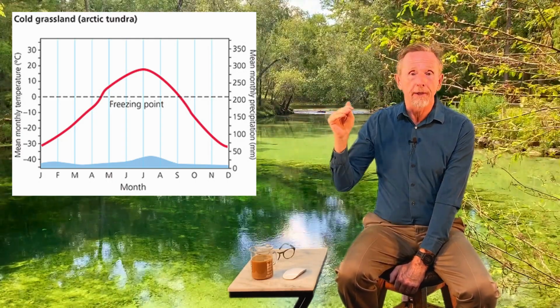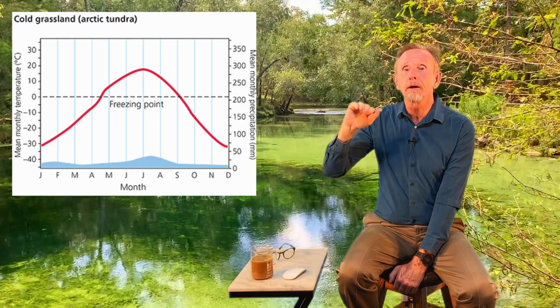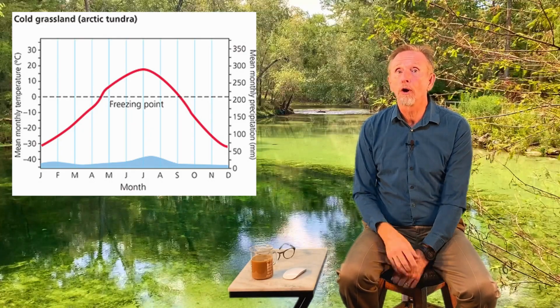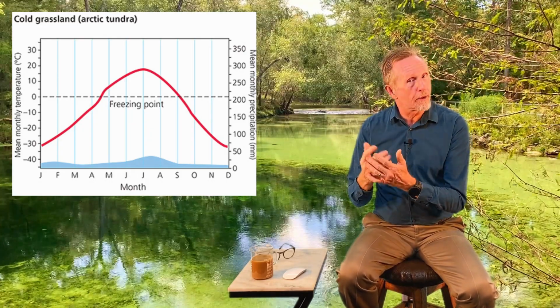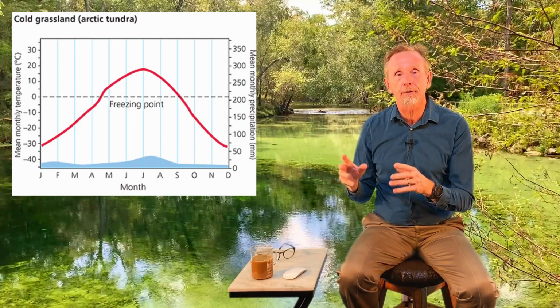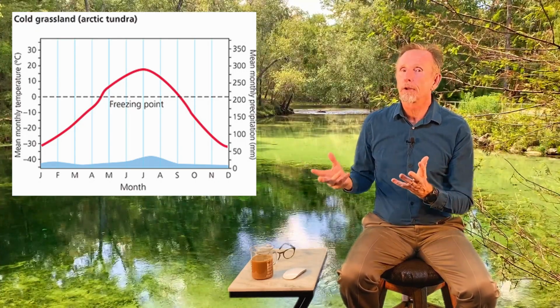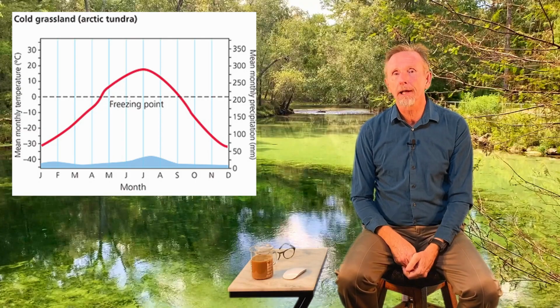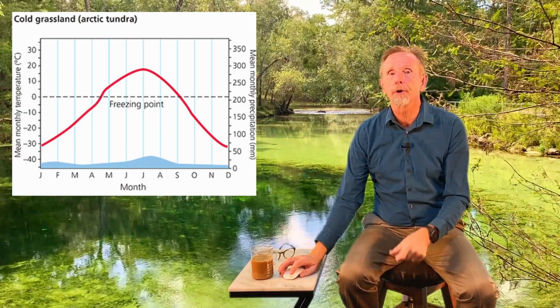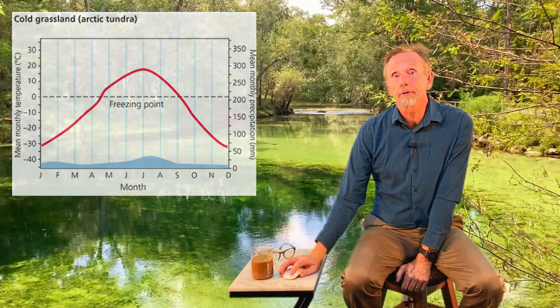And the freezing point, it only dips above it for just, once again, about 8 to 12 weeks that it's above the freezing point in these areas. Most of the time it stays completely frozen, and we get a little bit of snow, a little bit of rain in the summer, but it's very little, hence really, really short grasses and flowers and the blooming.